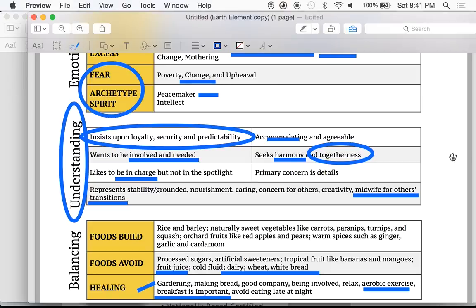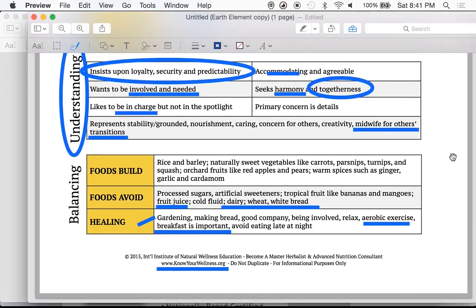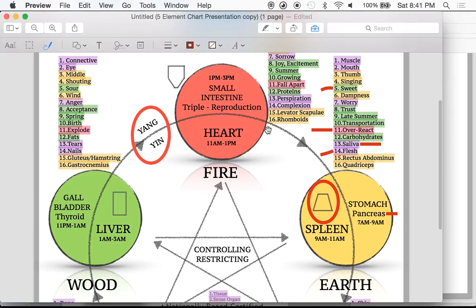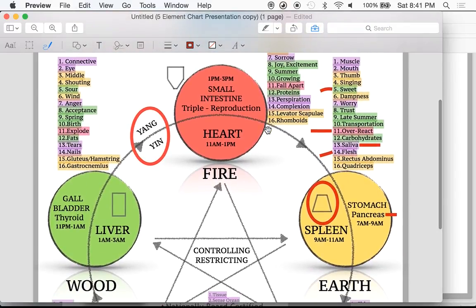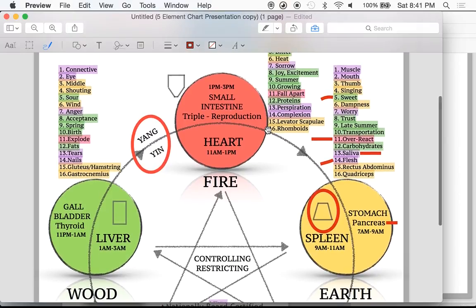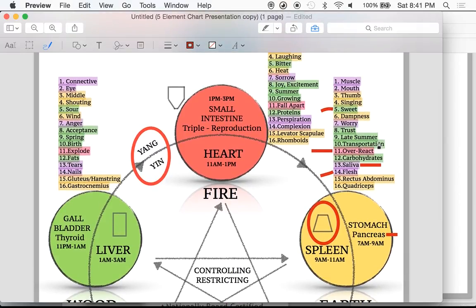You've got to understand that when this was created, it wasn't when they had candies and cookies and cakes. So if you go back to foods that build, do you remember how it talked about naturally sweet things like carrots and parsnips and turnips and squash? Those are what we're talking about when we talk about the taste. It's a hard one to explain to people because in our modern society, with such an excess consumption of highly processed carbohydrates, people see sweet and they think, oh, sweets are good for that.